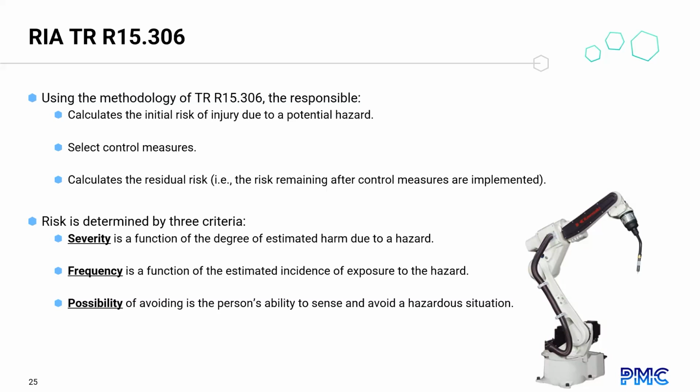The frequency is the frequency at which the operator is exposed to the hazard. It can be annually, monthly, weekly, daily, hourly, or even constantly. And the possibility of avoiding is the ability to escape from a hazardous situation. For example, avoidable, possible under certain circumstances, or impossible to avoid.